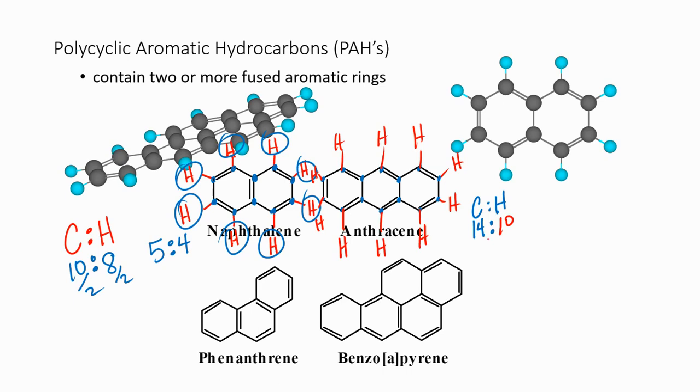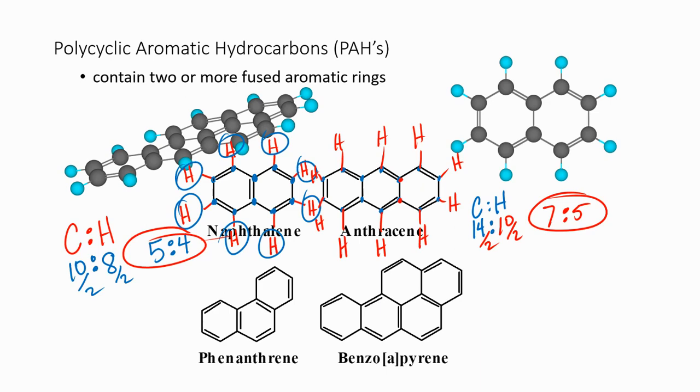And if we simplify that, we have 7 to 5 for the ratio there. Again, these points of fusion don't have hydrogens. And phenanthrene, rather, should give us the same result as anthracene because it's 3 fused rings.